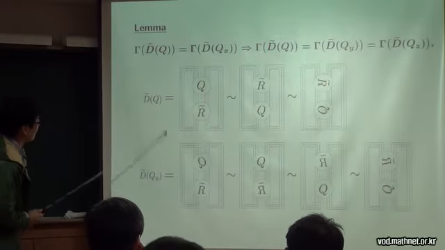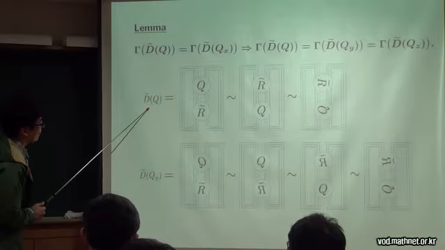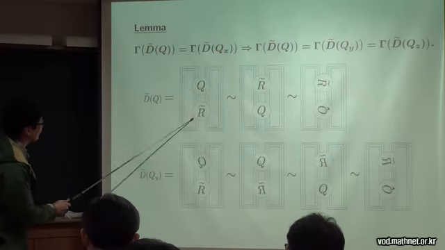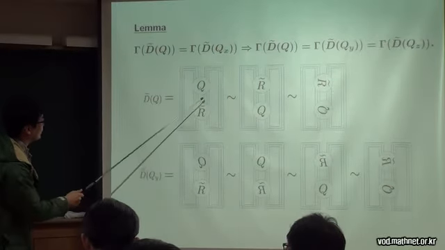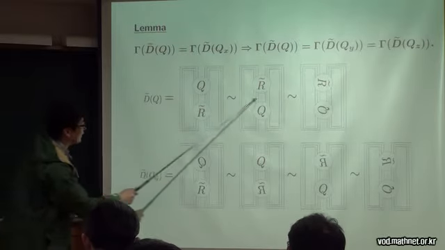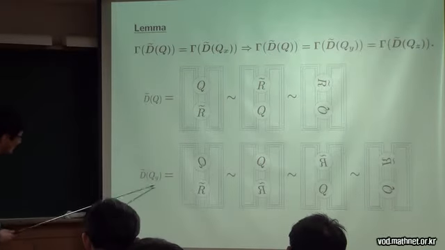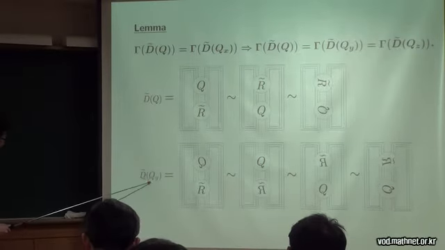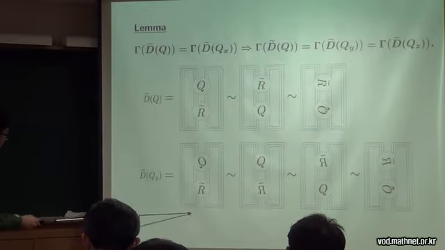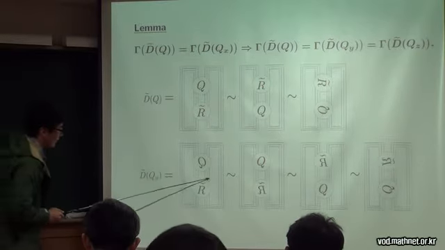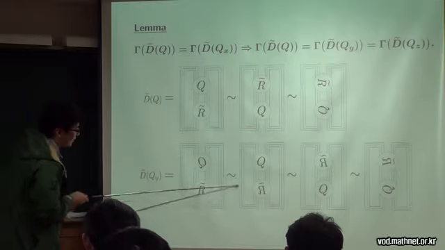D tilde q is this diagram, and we can deform this diagram like this. And the D tilde qy is this diagram, and we can deform this diagram like this.